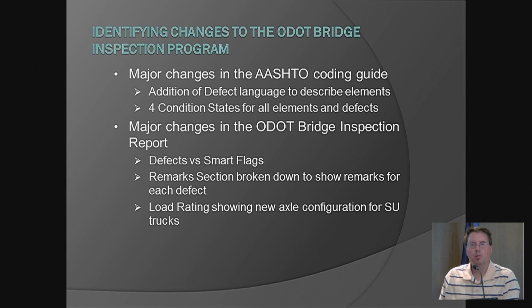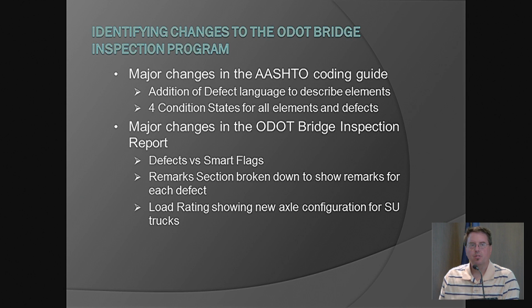Then AASHTO, a couple of years ago, decided that we needed to start actually quantifying those defects. So we changed them from the smart flags to the defects. We also associated a condition state with all of the different elements and the defects that go with those.